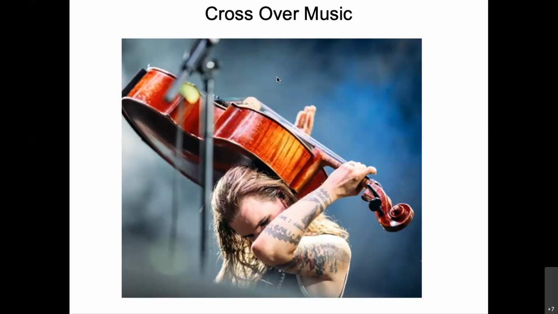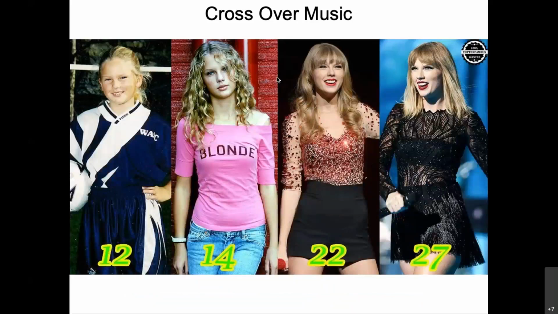Okay, so this doesn't happen earlier in a career, but it does happen. So crossover is when an artist starts off in one style of music and then crosses over into another style of music. Okay, so crossover is very important as the artist develops. Let's look at Taylor Swift, for example.